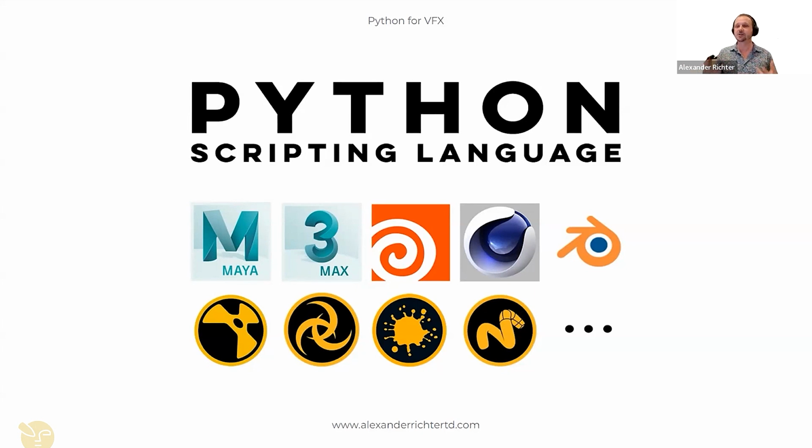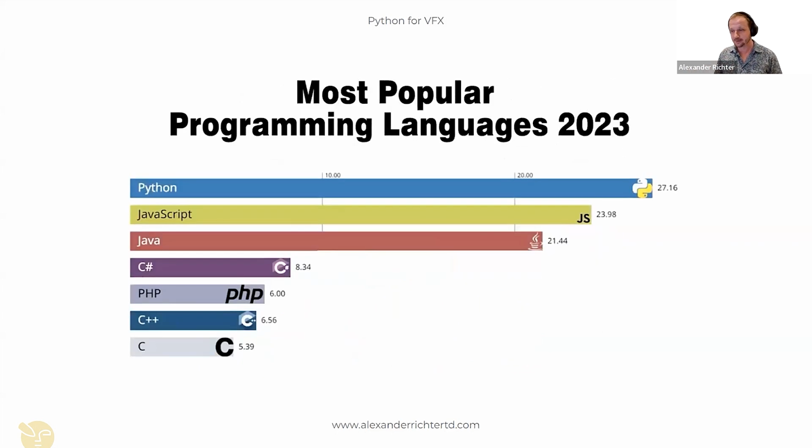Basically, every software that we generally use can be connected with Python, can be automated with Python. So it's kind of like a language to bind them all. So if we want to actively be faster in our work, even if we're just artists, not programmers, a way to do that is learning Python, basically.